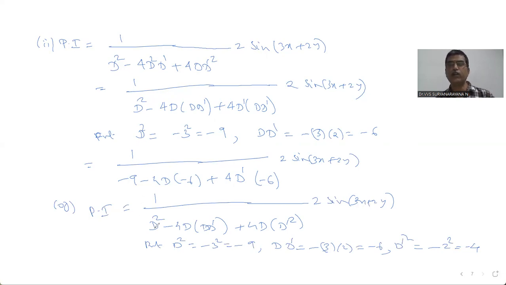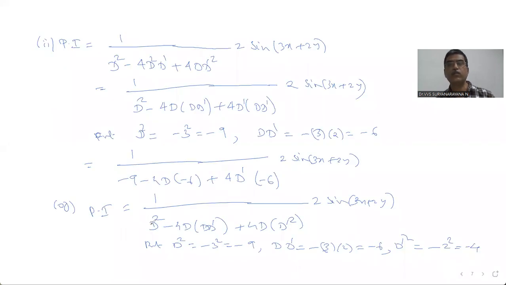Then just see what happens. In place of d square, we will get minus 9. In place of d dash here, we will get minus 6. So minus 4 and minus 6 become plus 24d. And here 4d into, in place of d dash square, we will get minus 4.